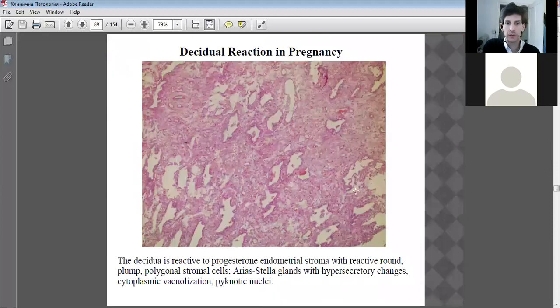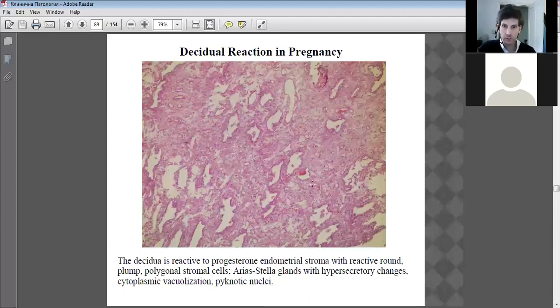Decidual reaction in pregnancy. The reaction to progesterone is that there is rapid cell division. I can see normal cells there, normal cell division, stretching of the tissue, growth of the tissue, normal growth happening.